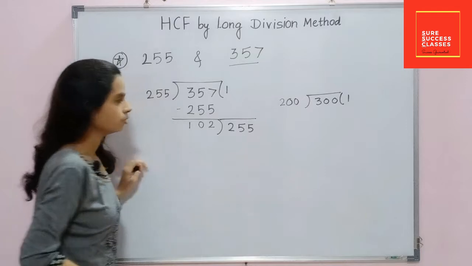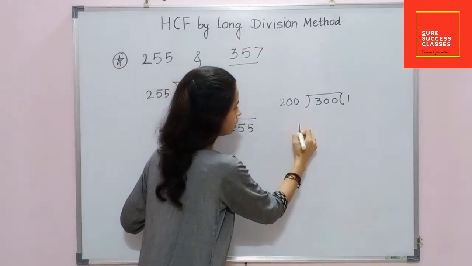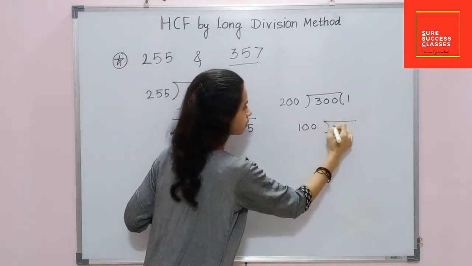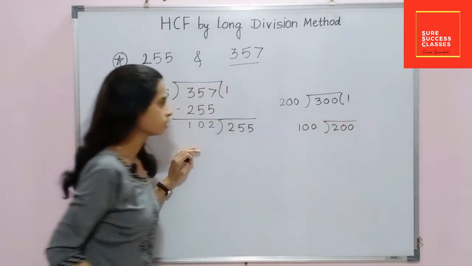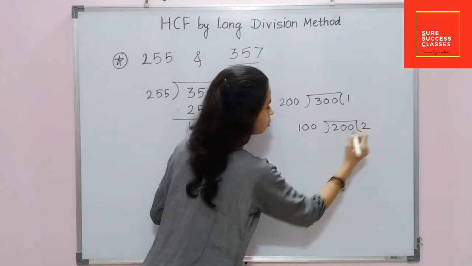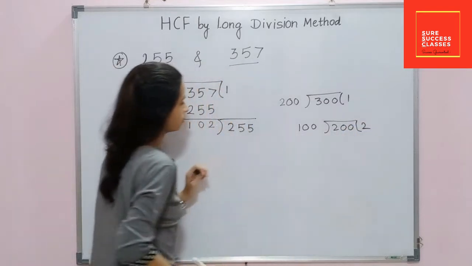255 and 102. If we round off these numbers, we will write the quotient 2, since 100 2s are 200.